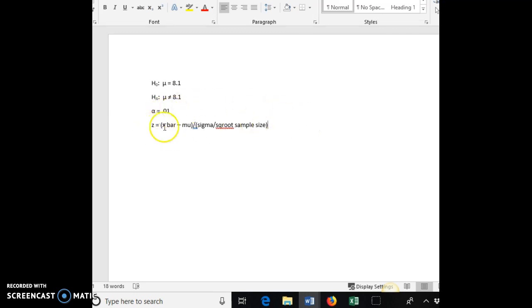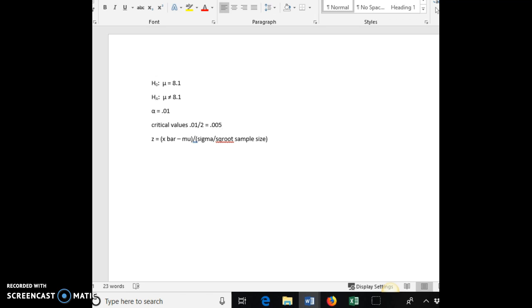All right, and I've written down the test statistic we're going to use, but before we do that, we need to get our critical values. And let's just recall our critical values. Since this is a two-tailed test, first thing we want to do is take our 0.01 and divide it by 2. That's going to give us 0.005.